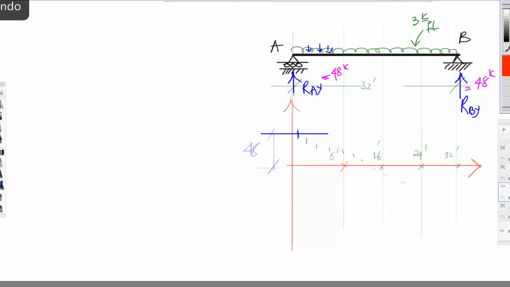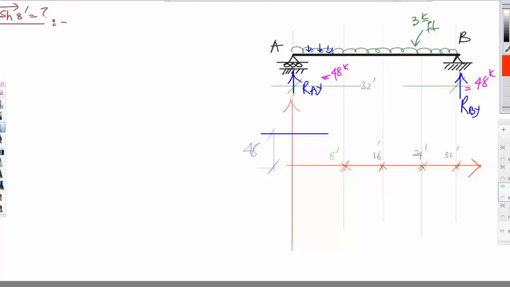This is why we need to calculate the values of shear at these suggested distances, and I suggested distance 8, 16, 24, 32. So let's do that, the same as we did in the case of bending. Shear from left, distance of 8 feet is equal to how much?